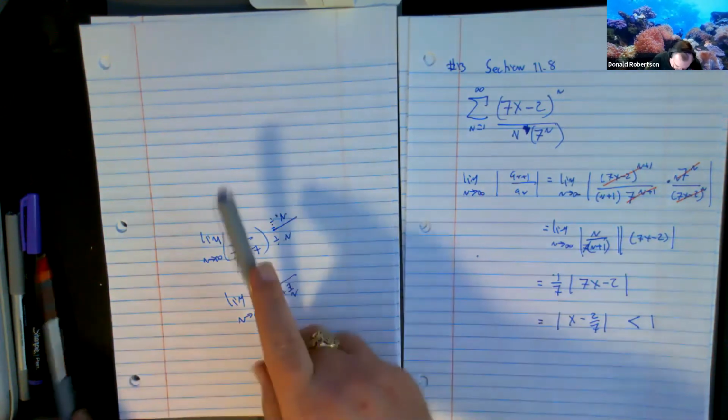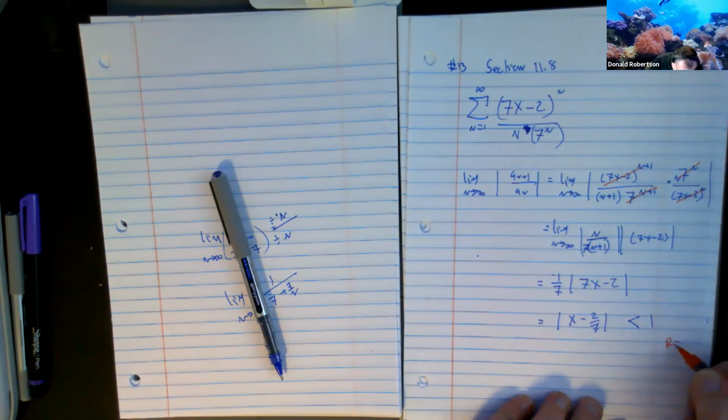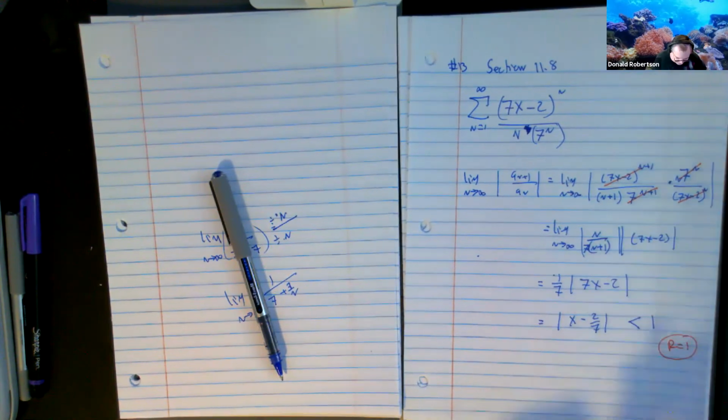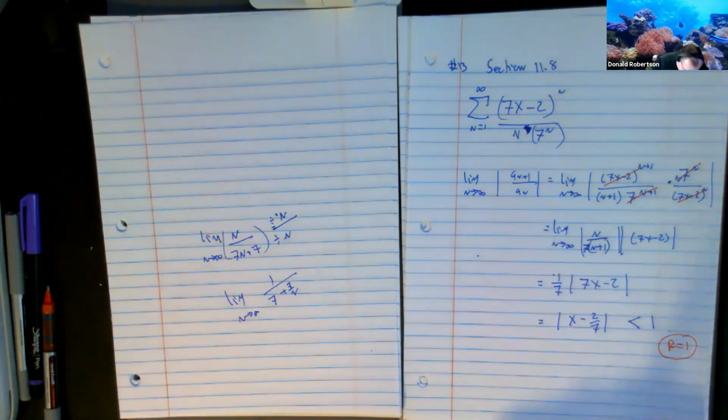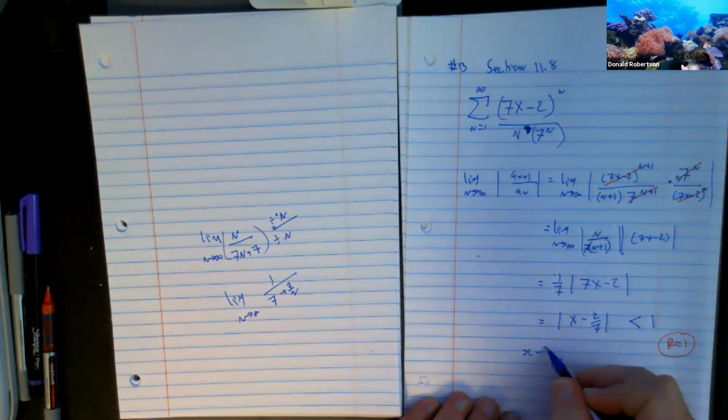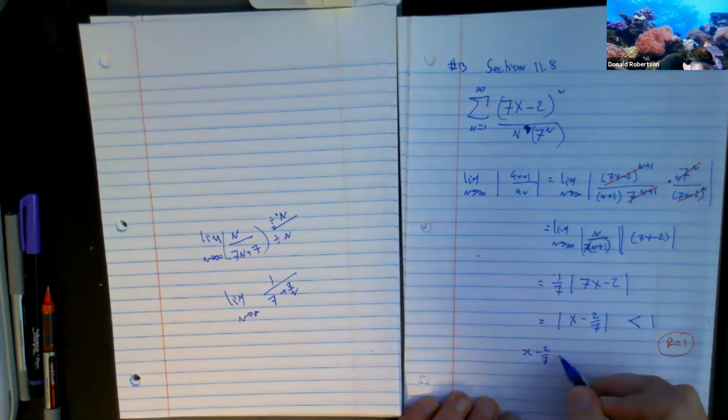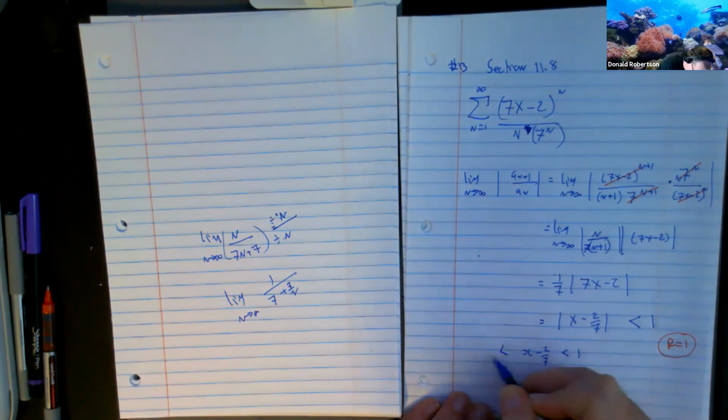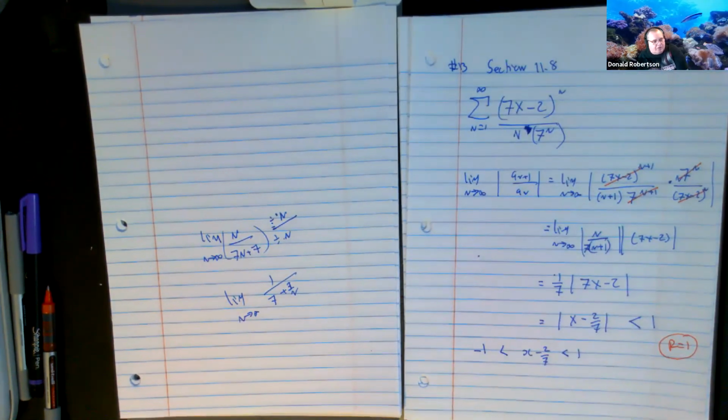So I now have my radius of convergence. And I also, in a few moments, will have my possible interval of convergence.